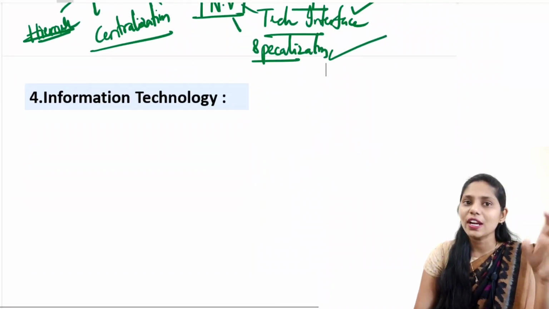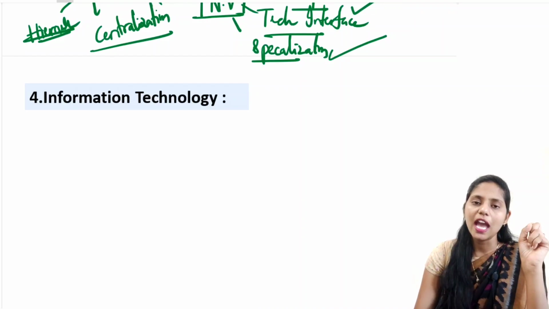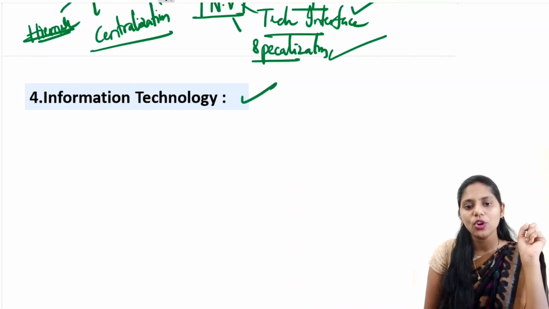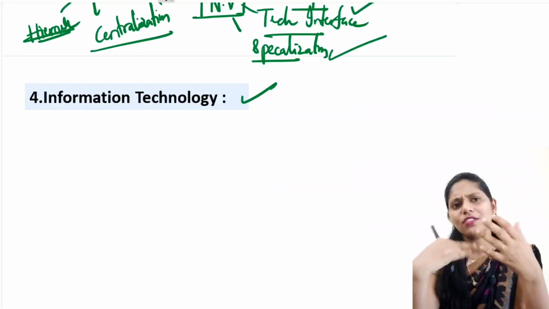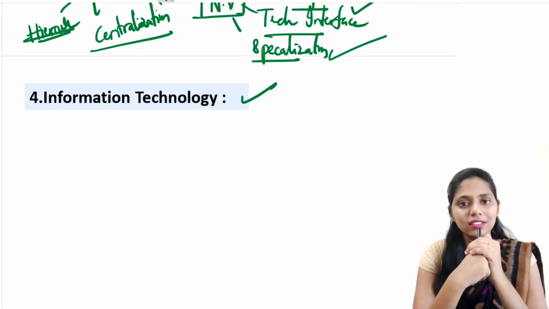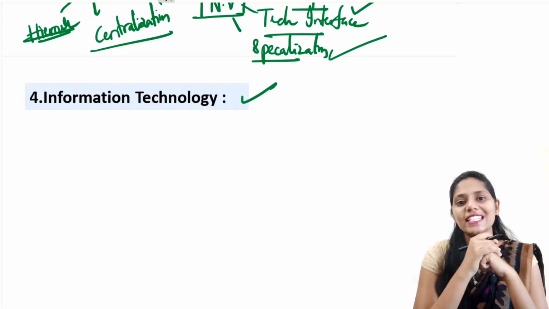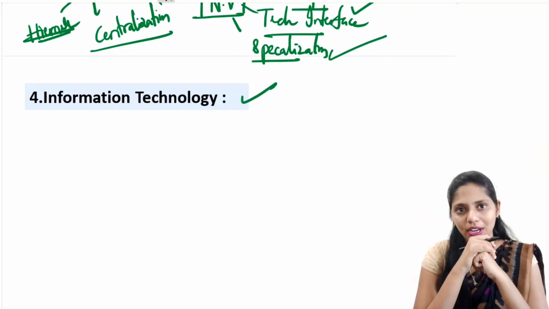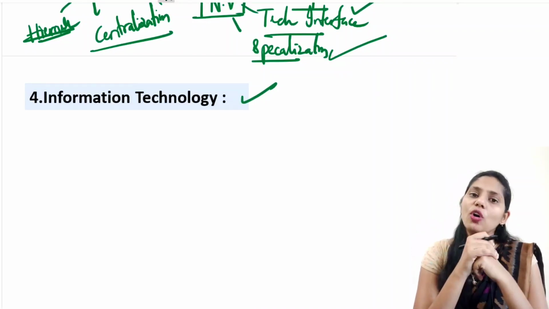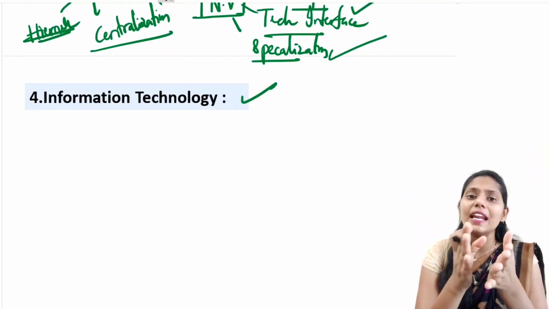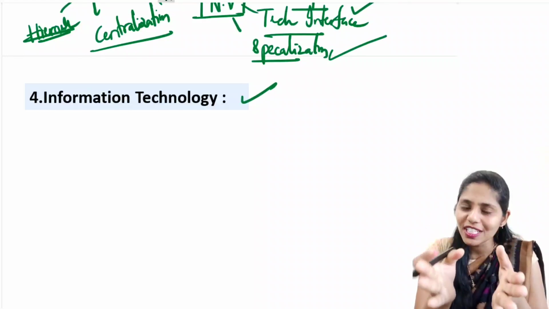Now let us see the next important reason, that is information technology. As you all know, we are mainly using information technology, that is ICT. If you are writing any way forward here, we will say that we need to move towards ICT, information technology, in our governance. Because of the information technology that we are using in our governance process, it may lead to broken walls of distance. Walls of distance between whom?